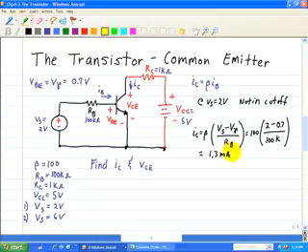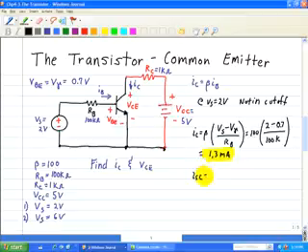That's when it's not in cutoff mode. So we assume here that it is in the active region. Now note that the available short circuit current is what we supply when VCE is equal to 0.